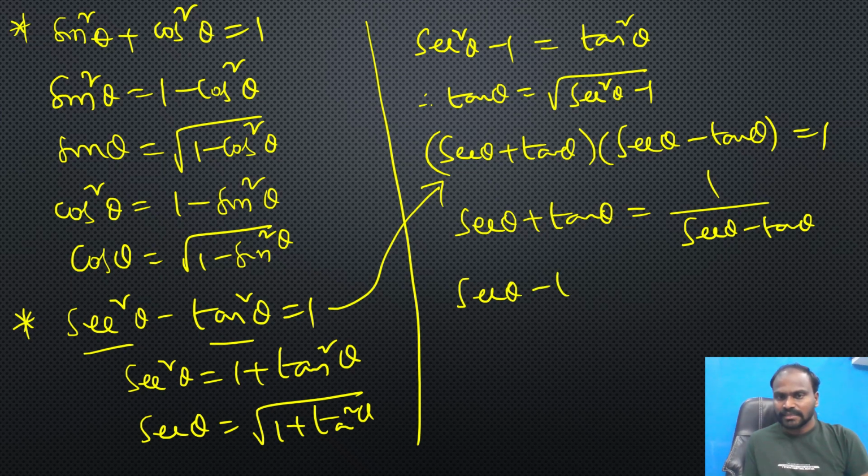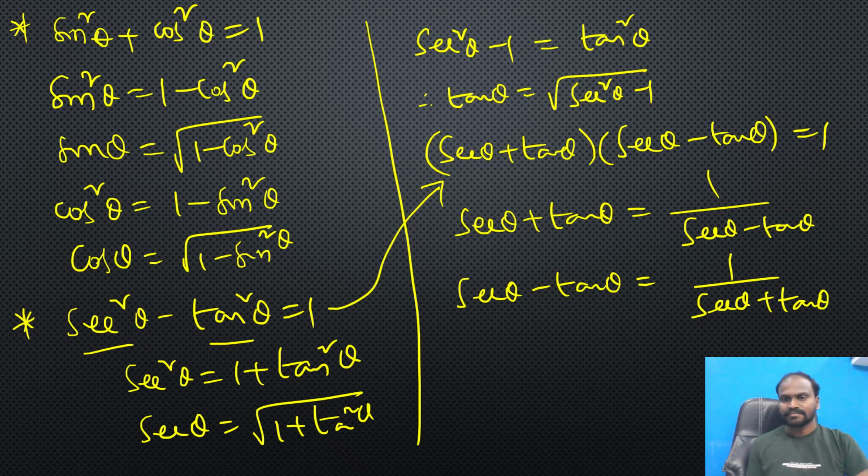Similarly, secant theta minus tan theta I can write as 1 by secant theta plus tan theta. Okay, so these are the other identities, and of course we are going to use all these identities in solving the questions.